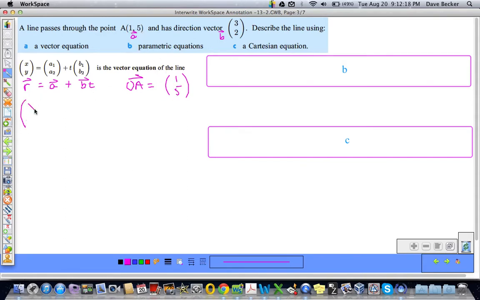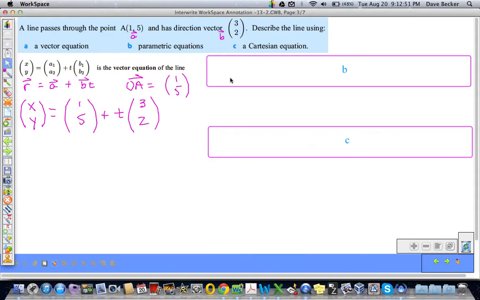So xy is very simply going to be equal to a1, a2, or 1, 5, plus t times the directional vector, which is given 3, 2. And there we have the vector equation of the line. Again, this is r. Any point on the line, this is a point that we know for sure, and this is the directional vector b, right here.